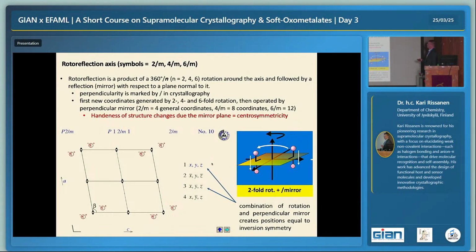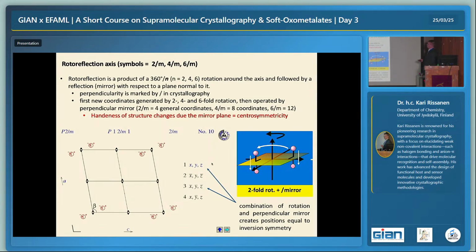So rotation and perpendicular, this means perpendicular to this one, we have a mirror. So rotation and mirror, rotation and mirror. And then we can have here 2, 4, and 6. The reason why there is not 3 is that it's embedded, it's a subset of 6. We don't need it.